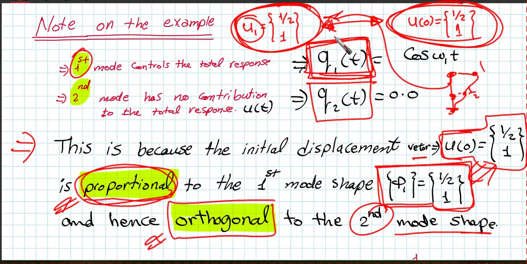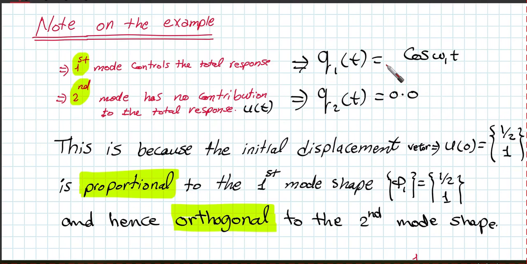This is an important thing that we need to take into consideration: the difference between how we can put U1 and U2 into the spot based on the initial displacement vector that we are using.